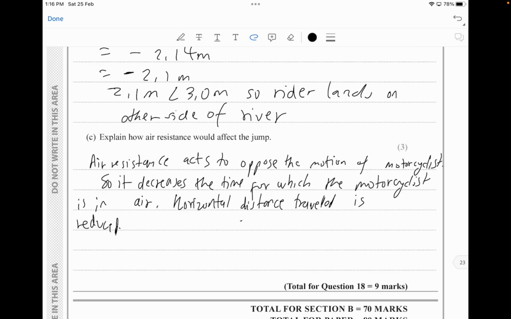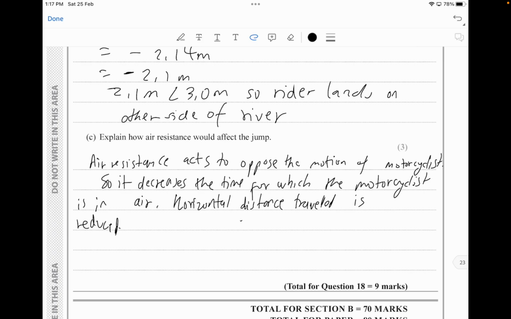Those are 3 points for about 3 marks. Have we mentioned the maximum height? Oh yeah, you have to mention that the maximum height reached by the motorcyclist is reduced, or you could just mention the point that it decreases the time for which the motorcyclist is in air. Those 3 points should be okay.